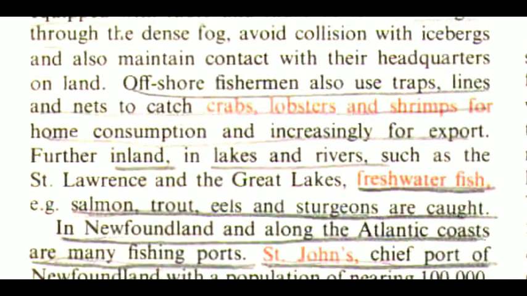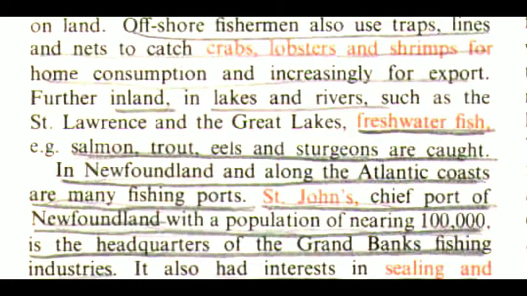Offshore fishermen also use traps, lines, and nets to catch crabs, lobsters, and shrimps for home consumption and increasingly for export. Further inland, in lakes and rivers such as the St. Lawrence and the Great Lakes, freshwater fish, for example salmon, trout, eels, and sturgeons, are caught.